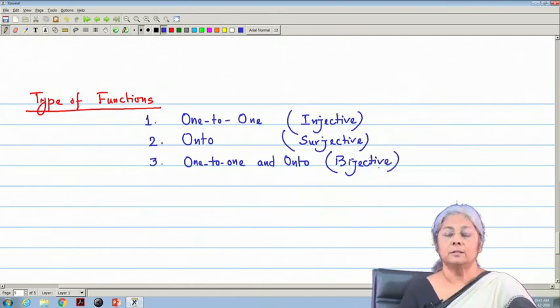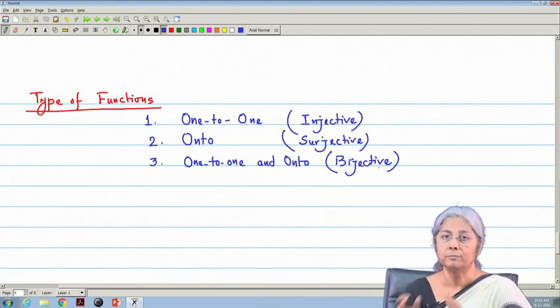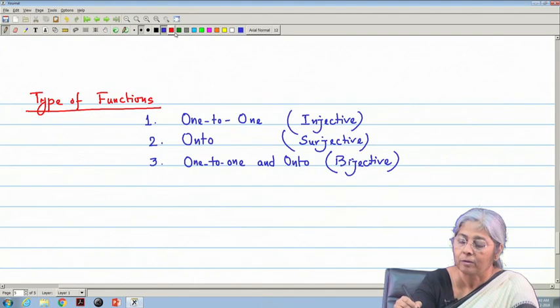Now, we see how they are different, how their assignments from set x to set y differ. So, first we see the one-to-one function.